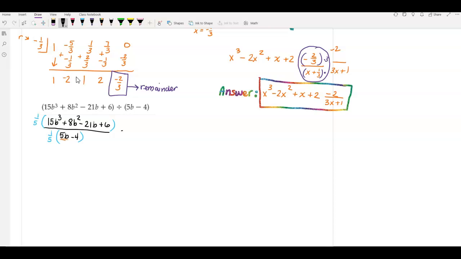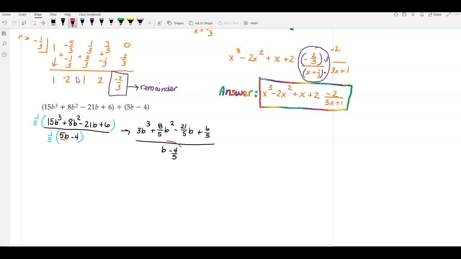So now this becomes 3b cubed plus 8/5 b squared minus 21/5 b plus 6/5 all over b minus 4/5.